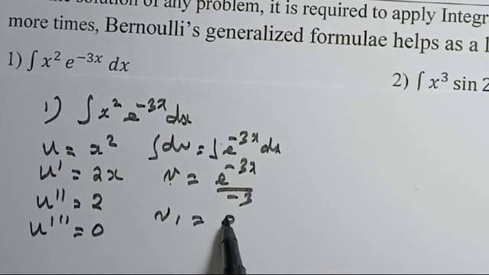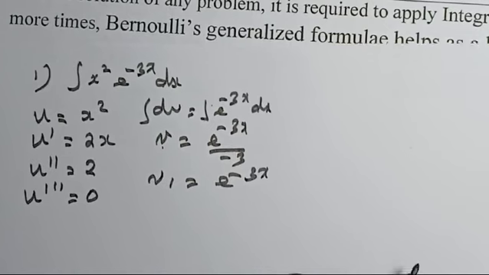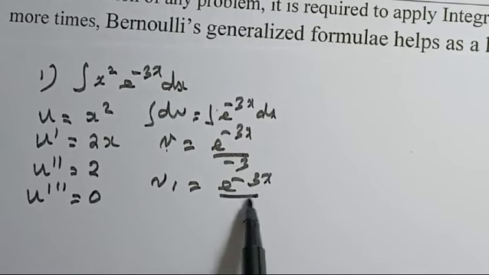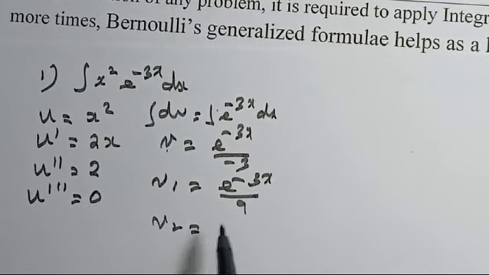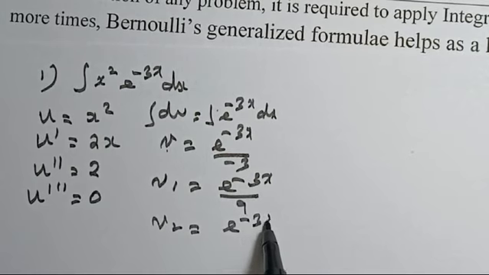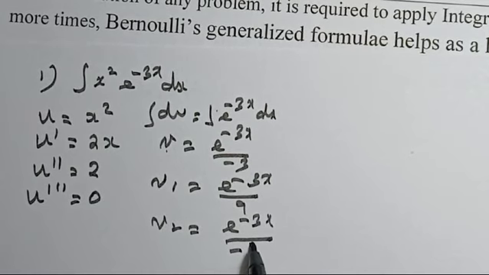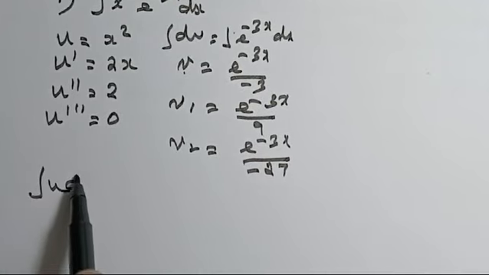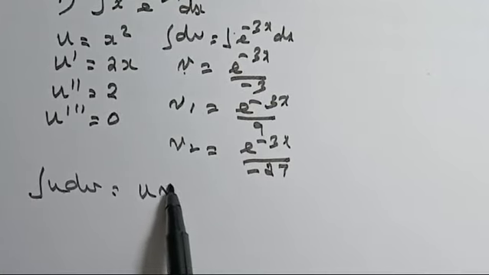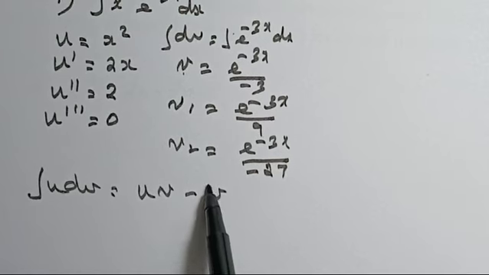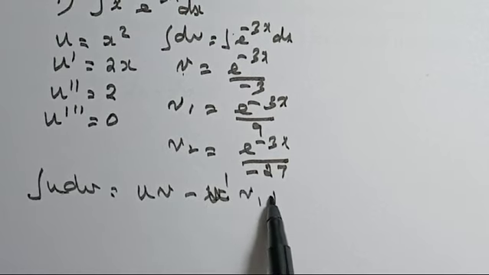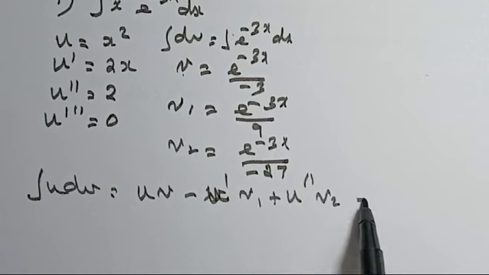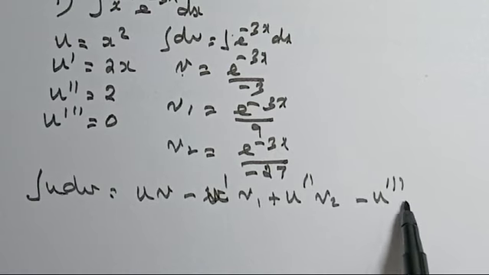Again integrate this, you will get e power minus 3x by minus 3 into minus 3, therefore this is 9. v2 equal to, again you integrate, e power minus 3x by minus 27, etc. That is, integral u dv equal to this formula: uv minus u dash v1 plus u double dash v2 minus u triple dash v3, etc.